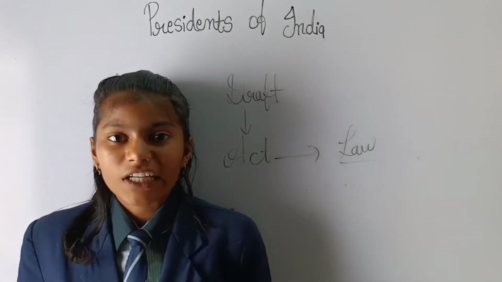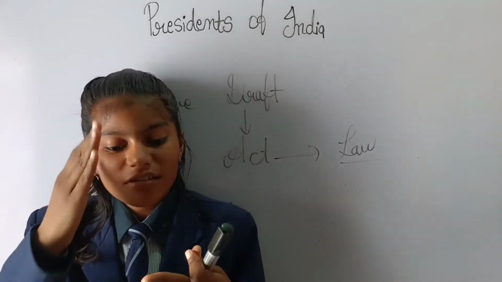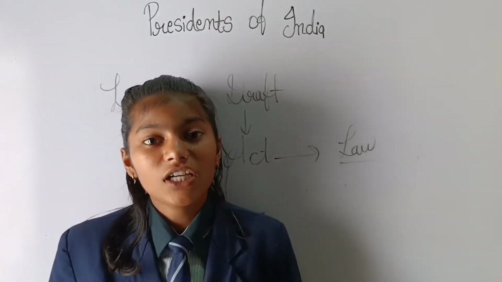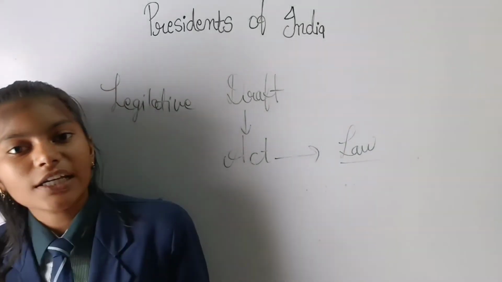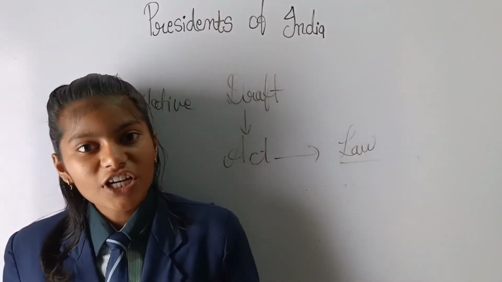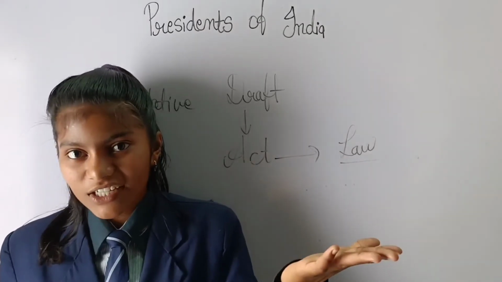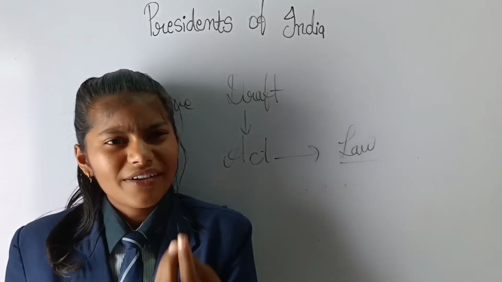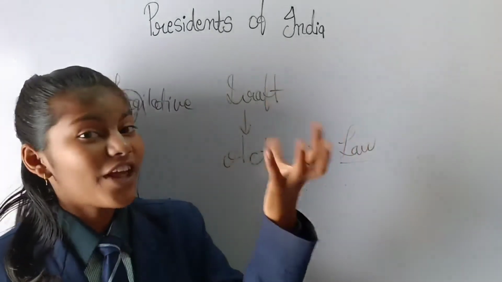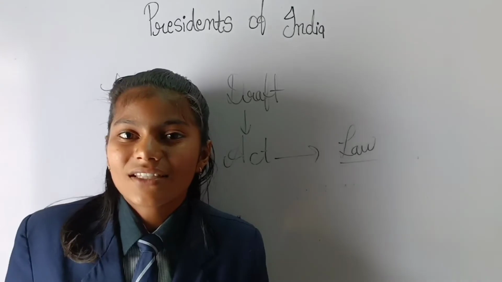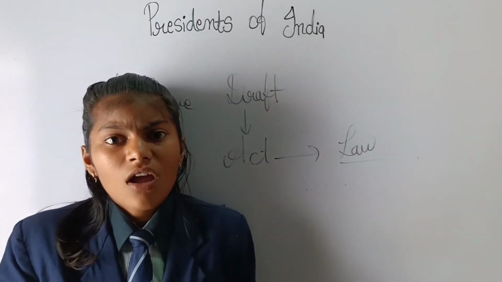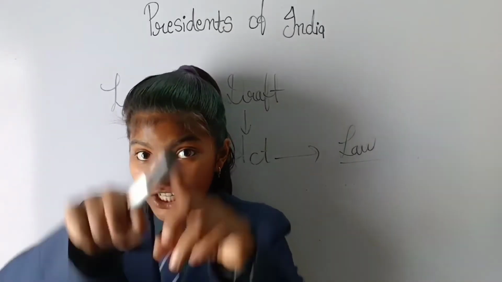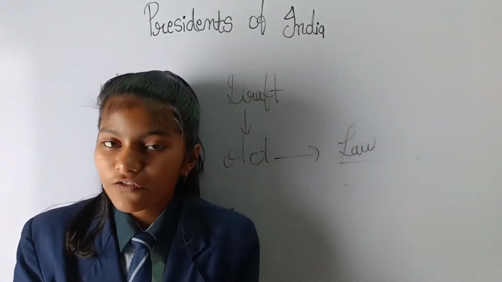Now, if during the time when the session is not held, a law urgently, very urgently, should be passed, then the law which is urgently passed by some political leaders' approval or by the president, that draft will be called an ordinance, not an act. Then immediately when the next session of parliament is held, it is shown in front of the parliament.